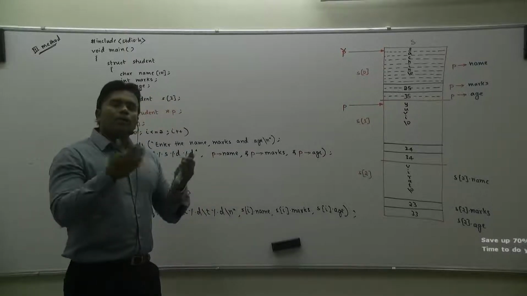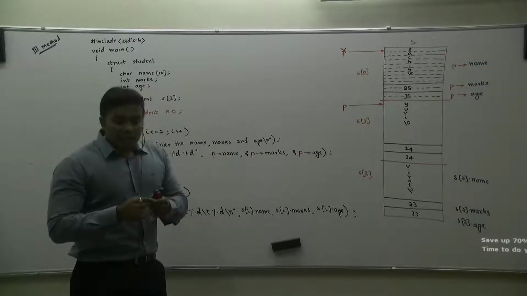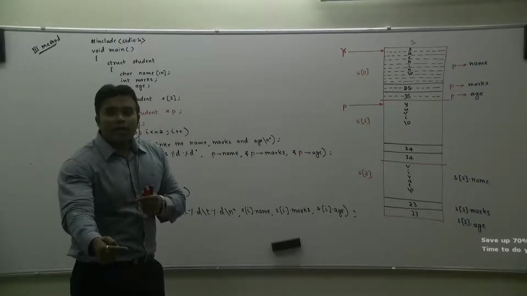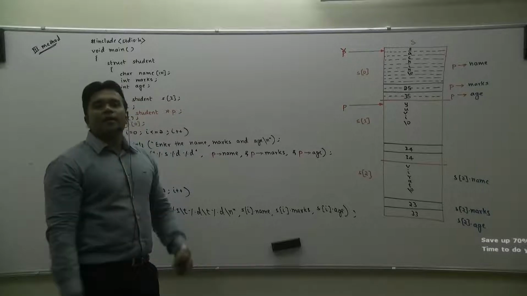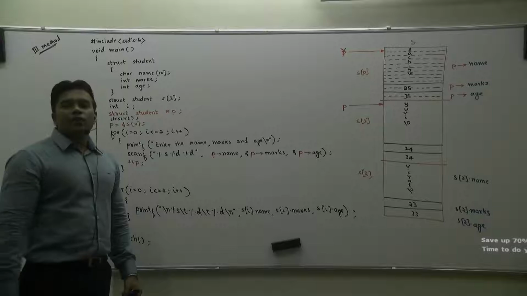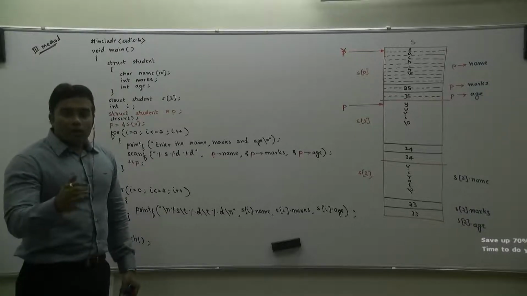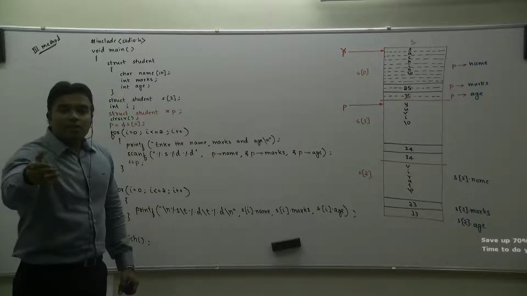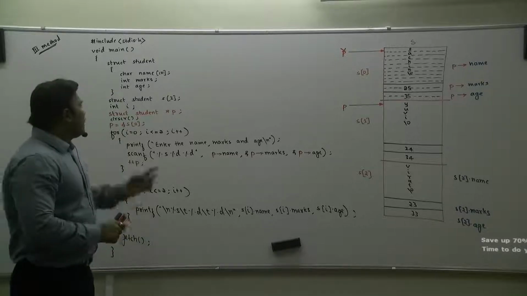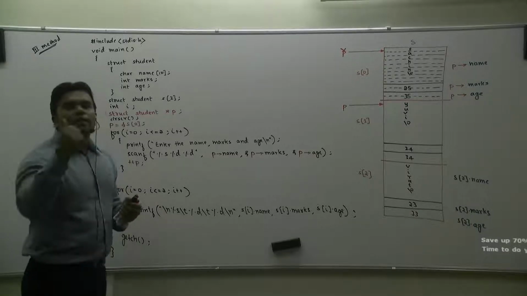How come the pointer will know, sir, I have to point to the next student? Remember, where the pointer next will point depends upon the data type of the pointer. All this also I have discussed in my aptitude videos. When you increment a pointer, where it will point depends upon its data type. For example, if you increment a student pointer, it will point to the next student only.